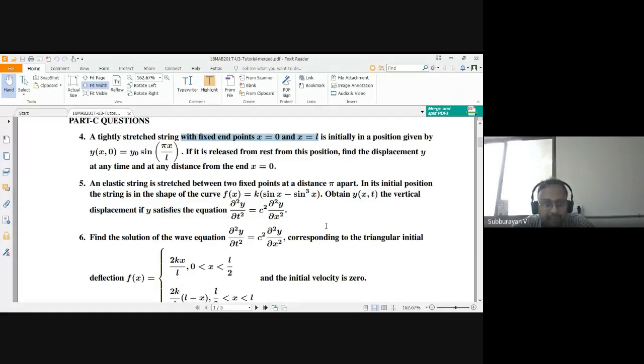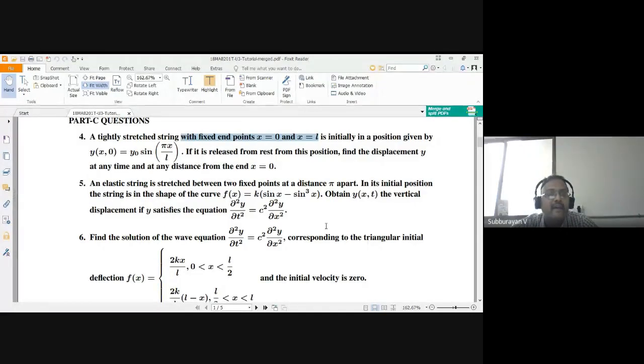Here they have mentioned the corresponding differential equation. Sometimes they will specify the differential equation, sometimes they won't. Therefore, read the question at least 2-3 times, then identify the corresponding differential equation for the given statement.